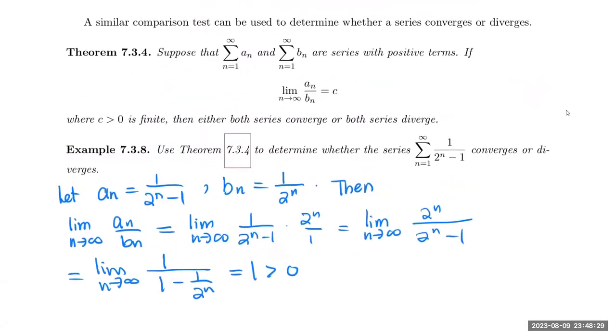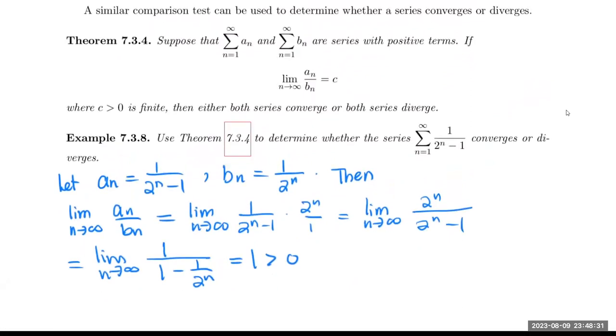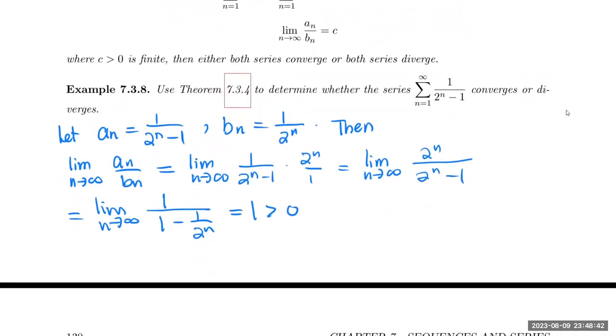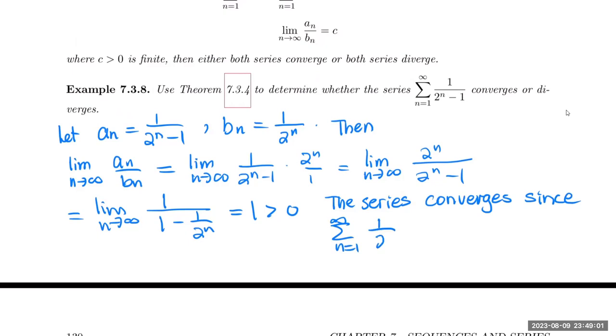So now by using the limit comparison test, either both series converge or both series diverge. Since this series converges, this series would also converge. So that means the series converges since this series converges.